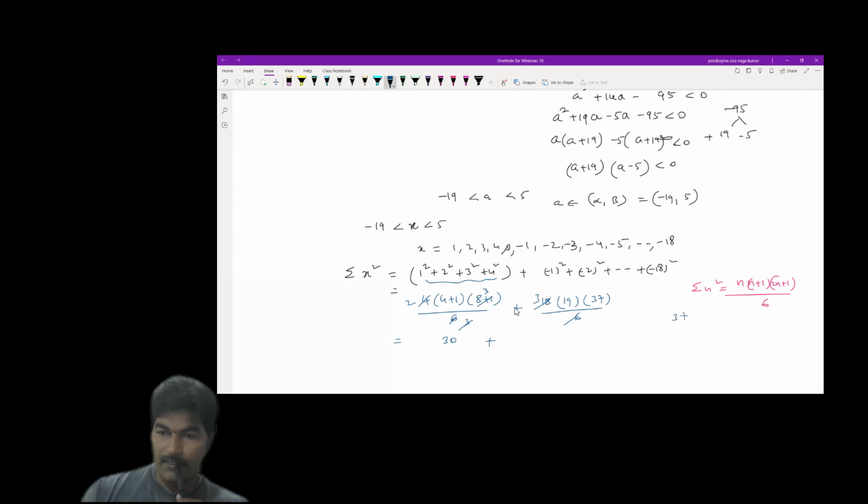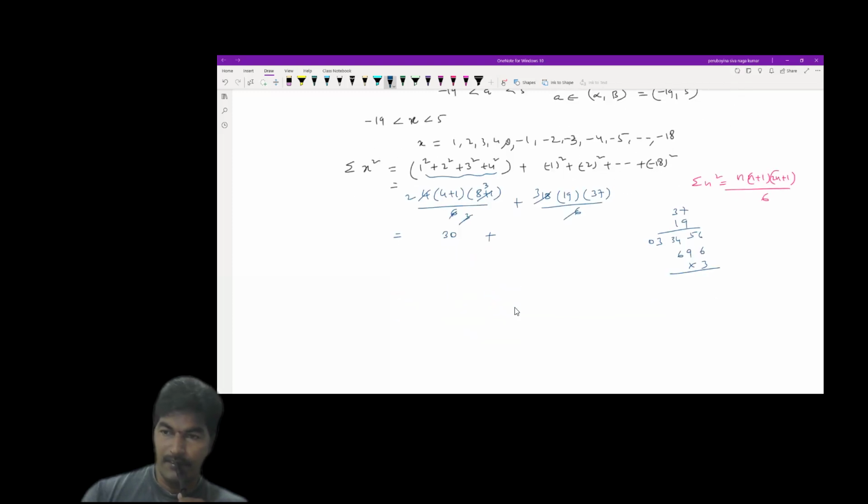We have to calculate 37 19s. 7 9s are 56, 3 1s are 3, 9 3s are 27 plus 7, 34, and 6, 39, 3, 696. And it is multiplied by 3 again. Okay, 37 19s and 3. 6 3s are 18, 6 9s are 27 and 28, 18 to 20.